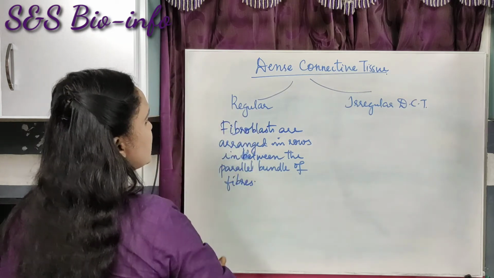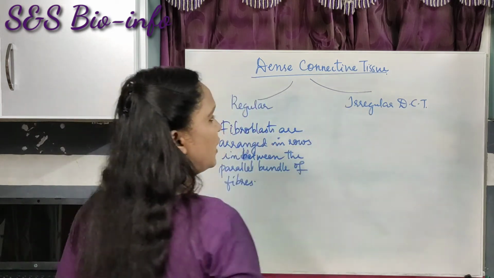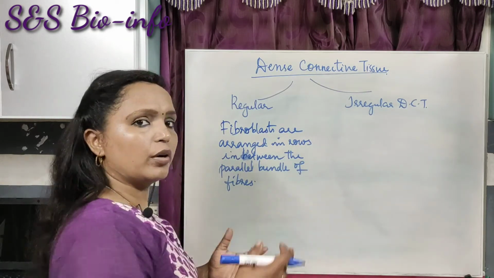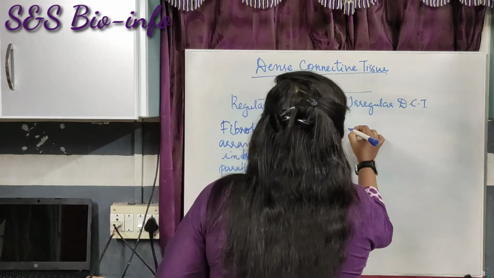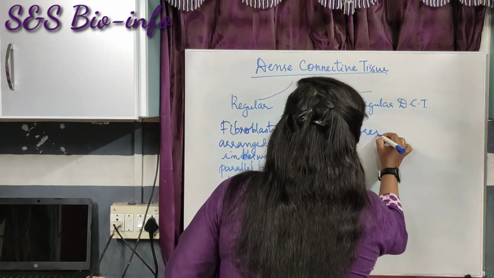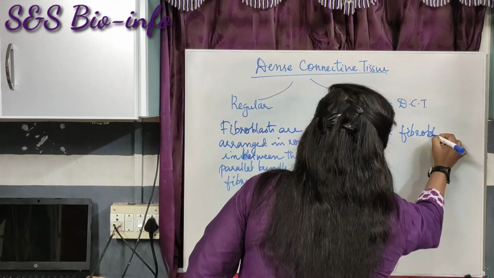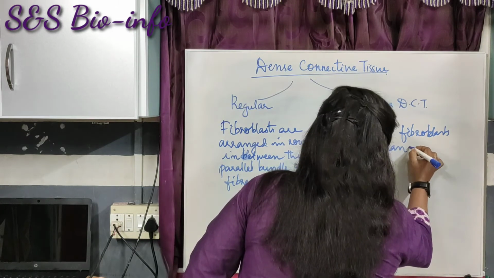That's why it is known as a regular dense connective tissue. In the irregular dense connective tissue, the fibers and fibroblasts are not regularly arranged. These are scattered in the matrix. Fibers and fibroblasts are arranged irregularly.